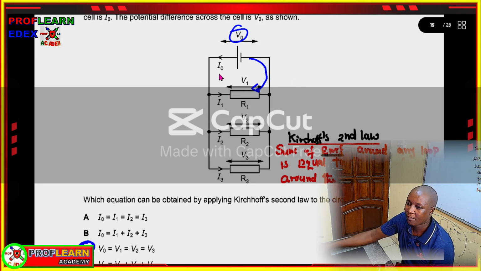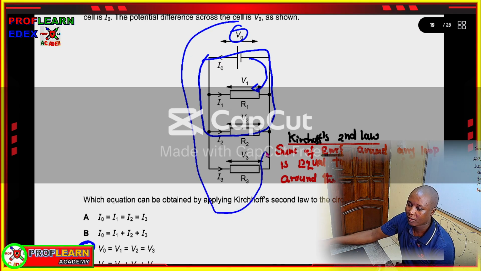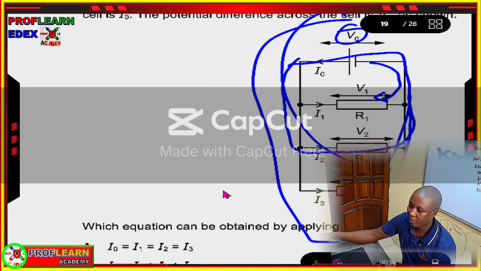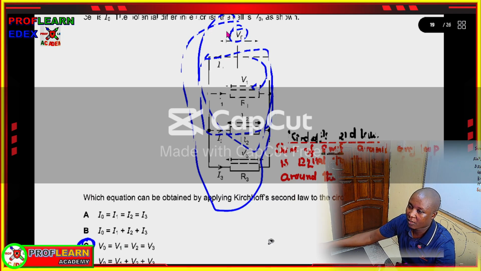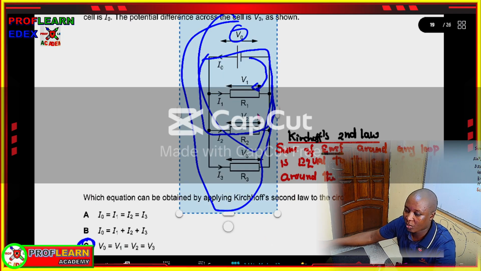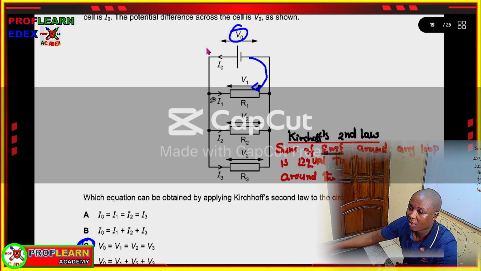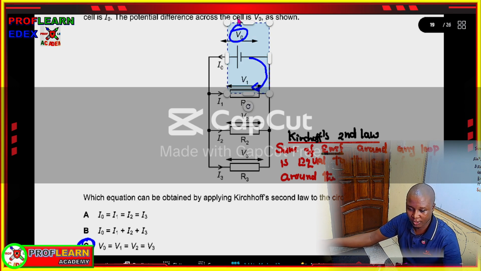Also, if you consider this loop only, we are going to have V0 is equal to V2, and also if we consider this loop here, we are going to have V3 is equal to V0. So, and then you are going to have the expression reducing to what? Reducing to C.